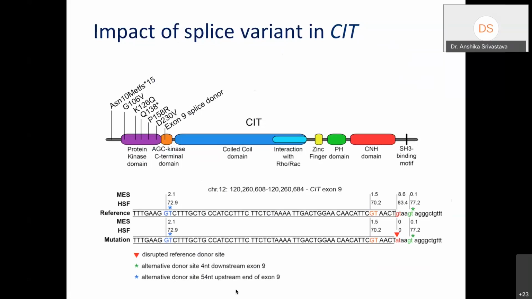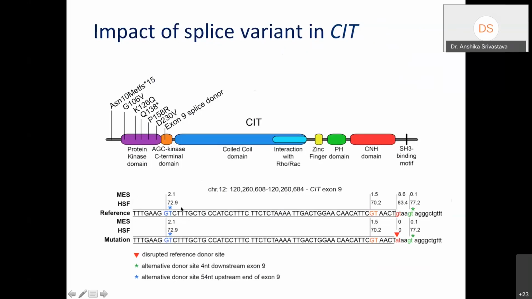For that purpose, first of all, we mapped and highlighted where the variation was present, and for that we used a couple of online tools. This is the reference sequence, and this is the Human Splicing Finder, and this is the mutation splice finder, and then this is the mutation sequence.